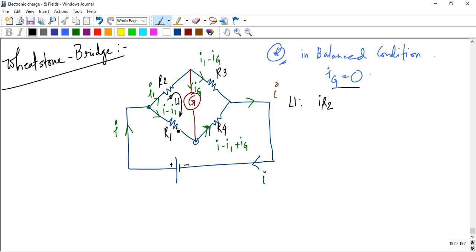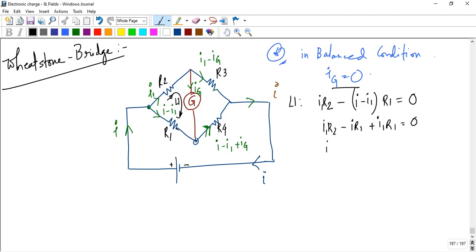Here the potential drop across the other resistor is in the opposite direction, so minus (I minus I1) times R1 equal to 0. So I1 R2 minus I R1 plus I1 R1 equal to 0.